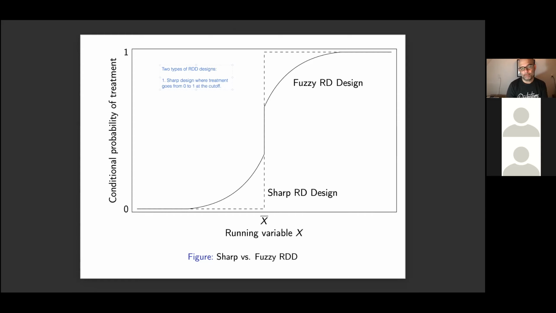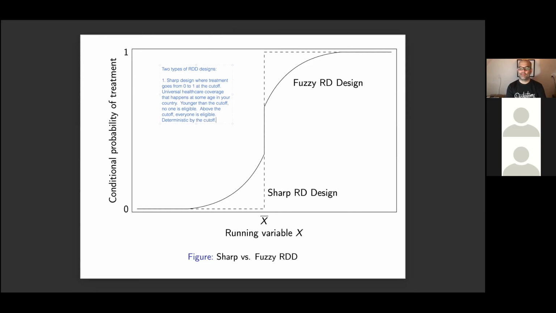That might mean, maybe there's some universal healthcare coverage that happens at some age in your country. Younger than the cutoff, no one is eligible. Above the cutoff, everyone is eligible. So that's deterministic by the cutoff.